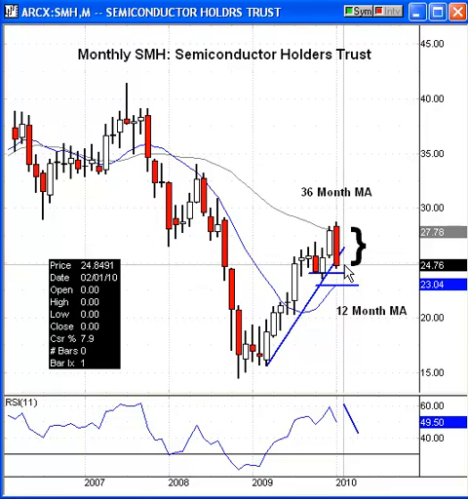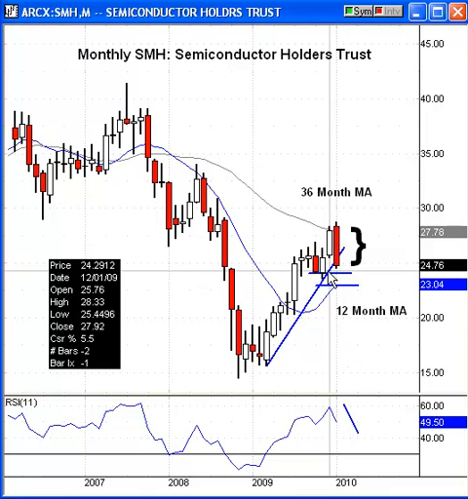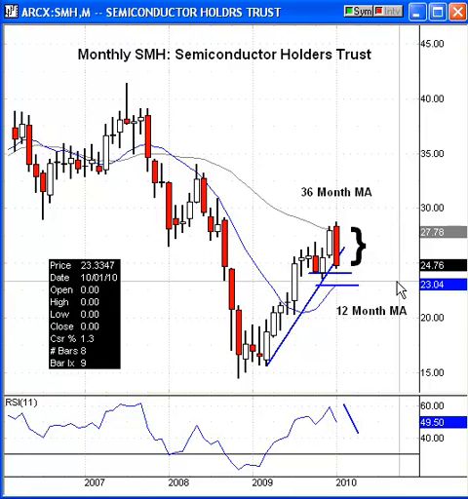We closed at 24.76. The next spot is around 24.25, down to 23.50, down to 23, which implies somewhere around a 5 to 7% downside continuation before we should even expect support to show up for short-term traders to try to buy the semis.